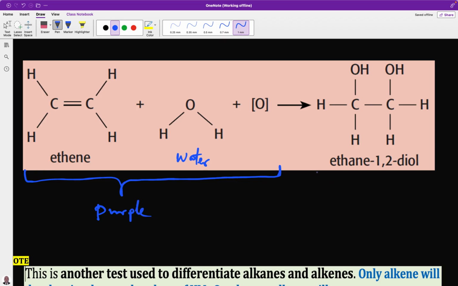Then the product is colorless. So you see the transformation, decolorization, from the purple color to colorless as a result of the formation of ethane 1,2-diol.